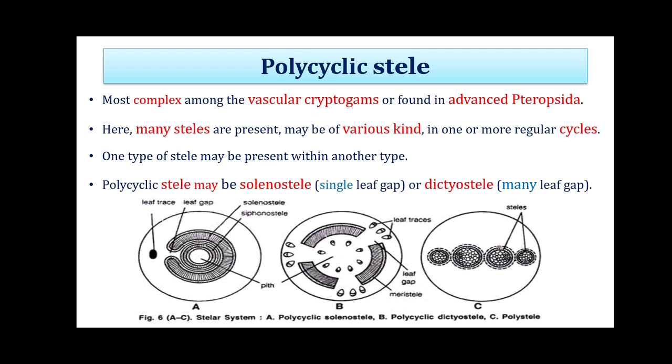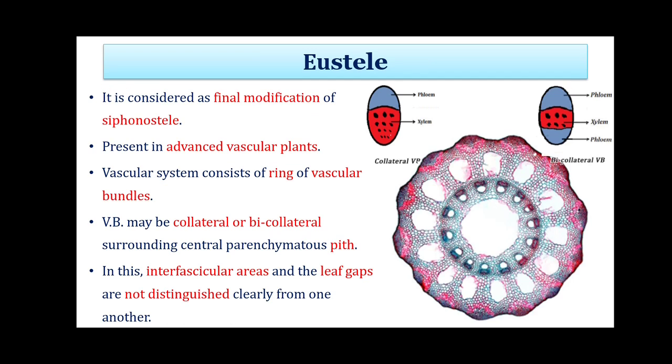In this image you can see the various circular arrangement of stele, or you can say vascular tissues. One arrangement is of different category, another arrangement is of different category. So single plant represented by different types of vascular system. That's what is known as polycyclic stele.